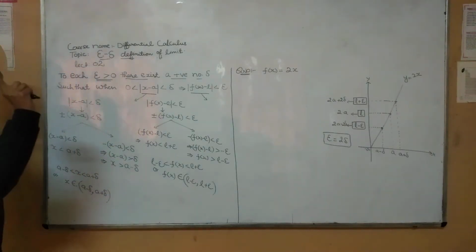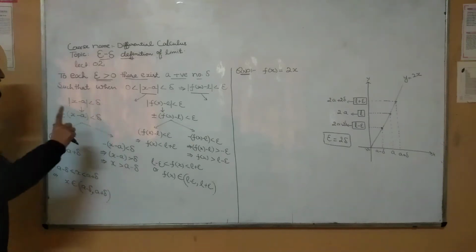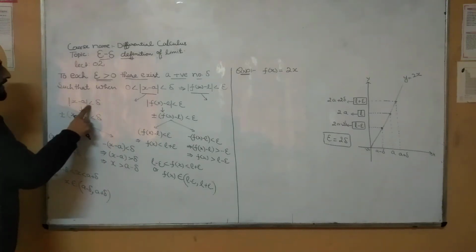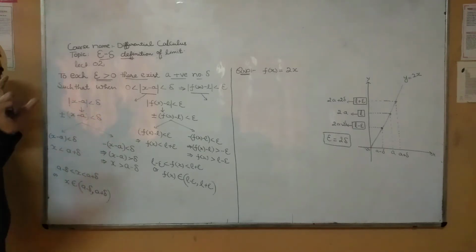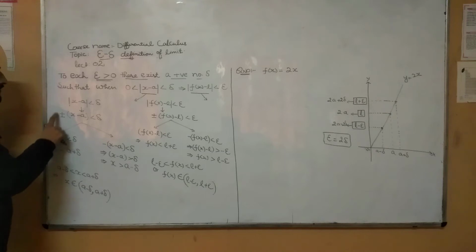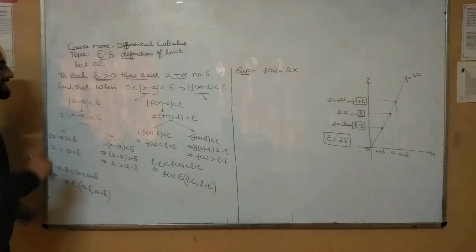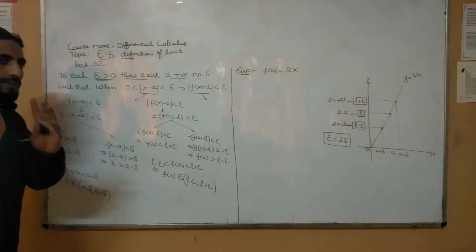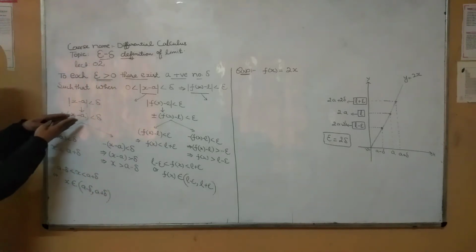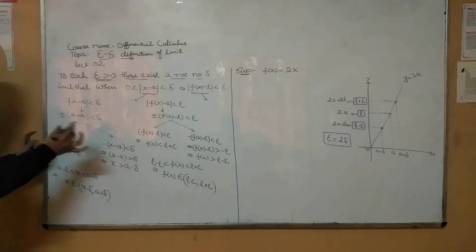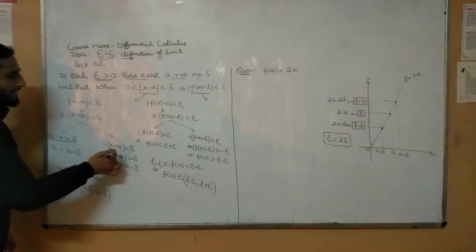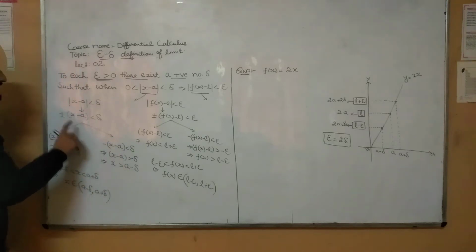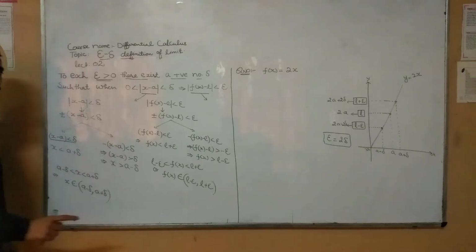First of all, you should remember this thing: when we open this mod, we take both positive and negative values. |x - a| < delta. Now what is our approach to solve this? Here we take one side as a positive value and on the other side we take a negative value.